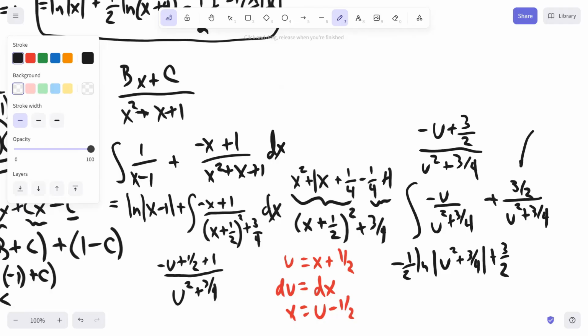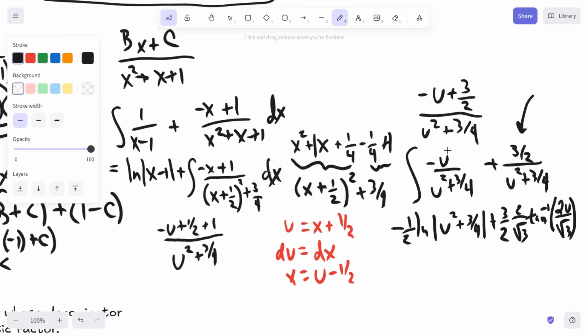The second one is the tangent inverse, where the a squared is 3/4, so square root that, you get square root of 3 over 2. So you'd have 2 over root 3, tangent inverse of 2u over root 3. Now back substituting what the u is, x plus 1/2. So this is going to be negative 1/2 natural log.